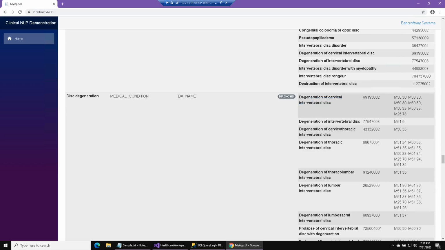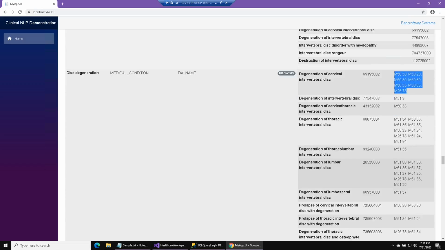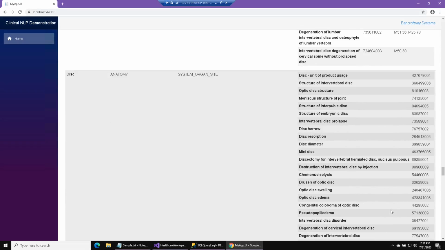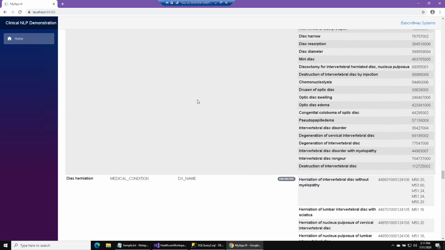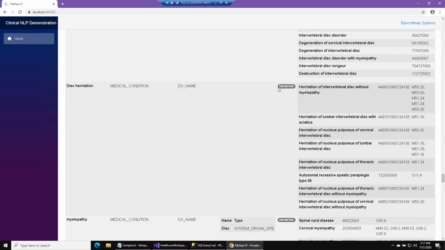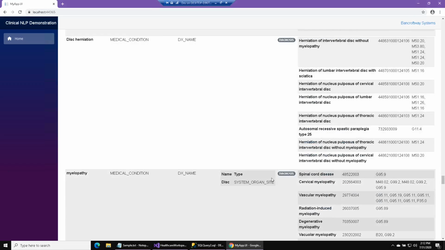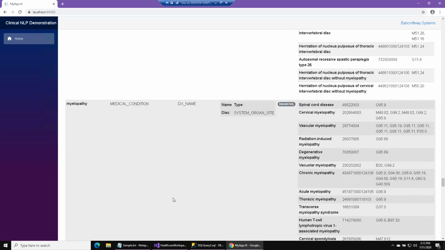For every one of these diagnoses, we are making suggestions for what the SNOMED code is, but more importantly, depending on the application, if this was work comp, then we are really interested in the ICD-10 codes. Again, disc is a body part. Disc herniation is another diagnosis that we have identified, and we are then suggesting what kind of disc herniation should be selected.